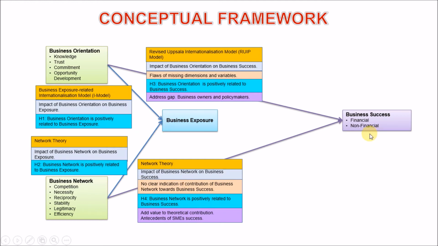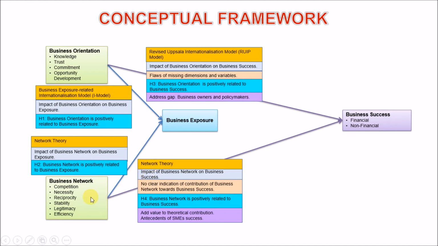The answer is yes, it can. It doesn't matter how many relationships you justify with one theory, but make sure that each and every relationship is justified via theory supported by empirical reviews. So this network theory can explain business network towards business exposure and business network towards business success. This theory is pretty good.